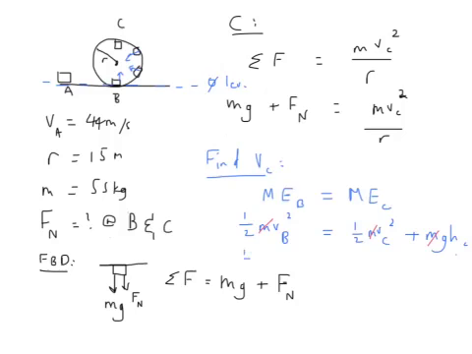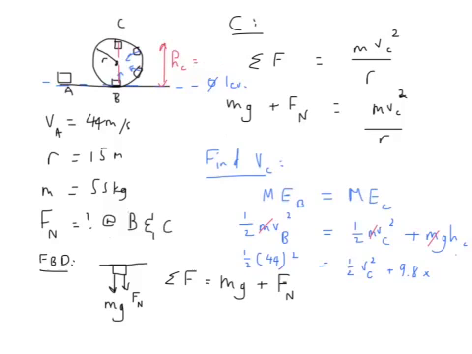And what I have is 1/2 of the velocity at B, which is 44, squared, equals 1/2 of my unknown vC squared, plus 9.8 times the height at point C. From here to here is 1 radius, that's 15 meters. From here to here is 1 radius, that's 15 meters. So the total height at point C is 30 meters.